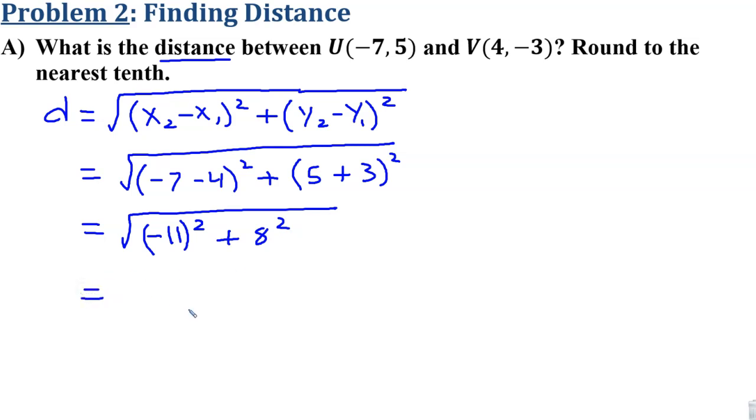And continuing, again, we could plug this into the calculator anytime we want, but I'm going to keep reducing it down. 11 squared is 121, so that means (-11) squared is 121 as well. Plus 8 squared is 64. If I add those two together, 121 plus 64 is 185.